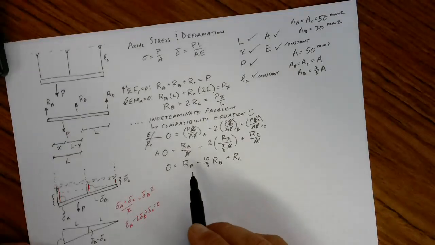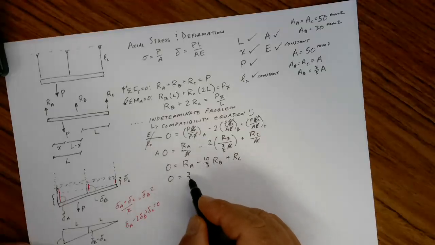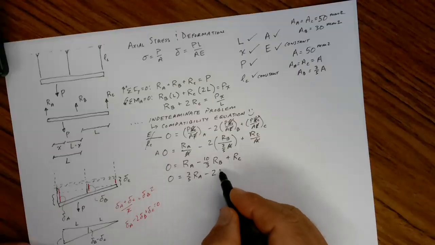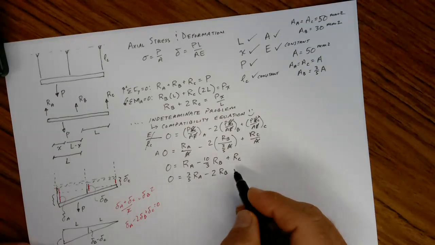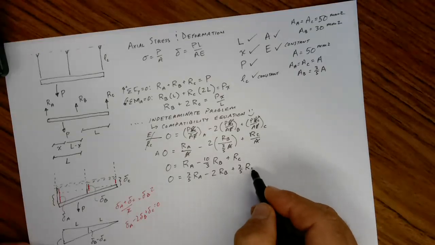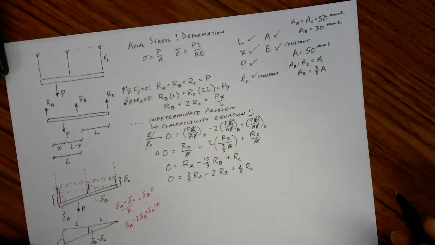So I can multiply each term times 3/5. Now the form of the equation is 3/5 RA minus 2 RB plus 3/5 RC equals 0.